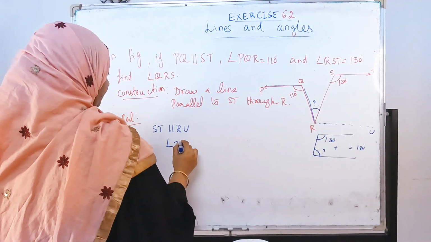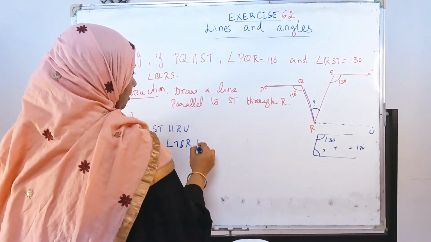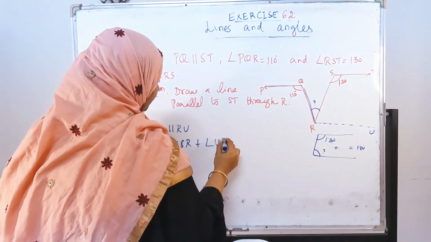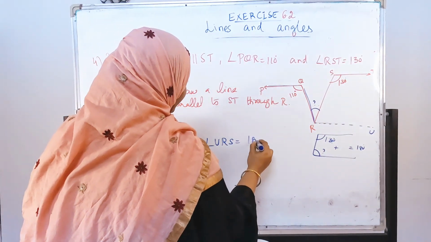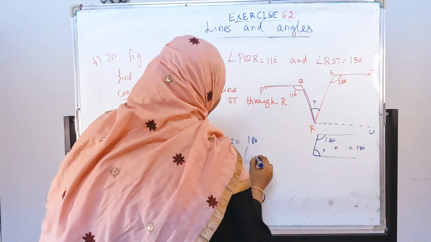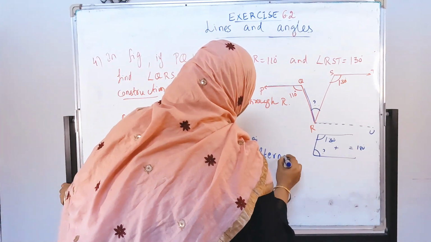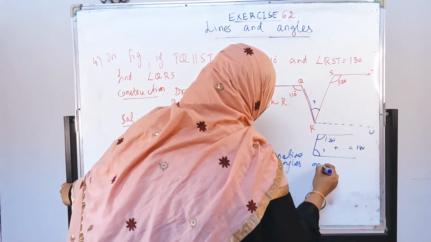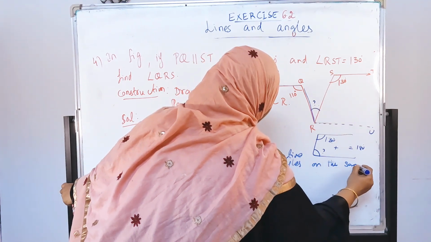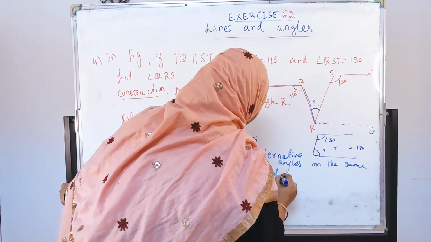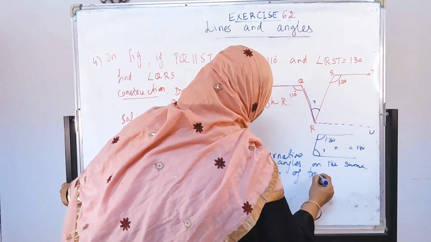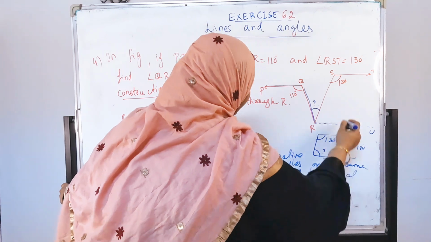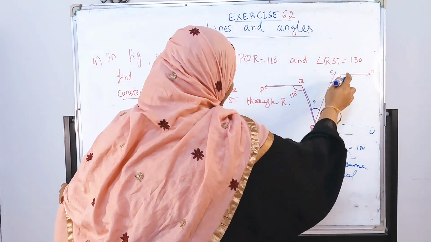Now angle TSR plus angle URS is equal to 180 degrees. How? Alternate angles on the same side of the transversal. The transversal is what? Just a line connecting these parallel lines.